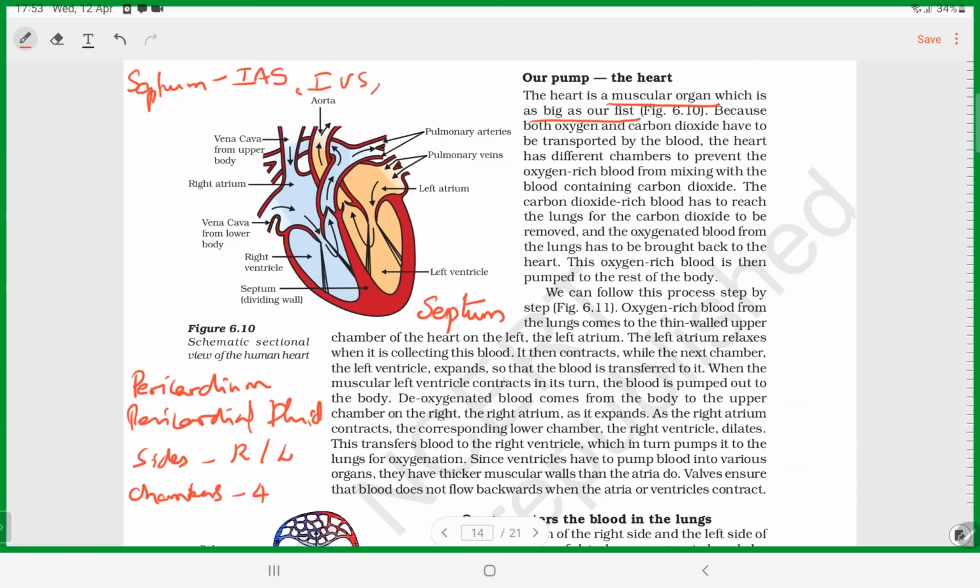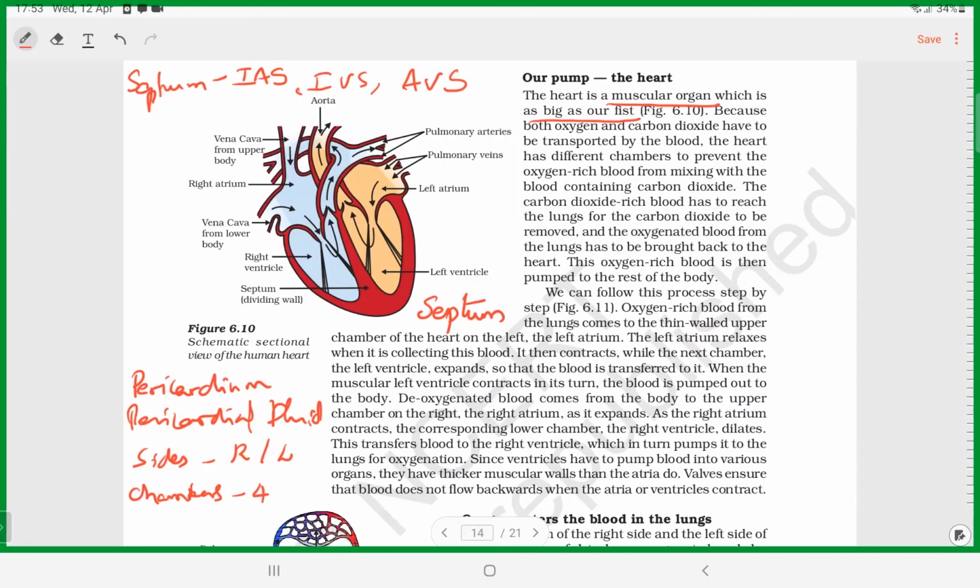And then the atrioventricular septum separates the atrium or auricle from the ventricle. Can you understand? How many types of separating walls are present? Three. Between the atria, the interatrial septum. Between the ventricles, the interventricular septum. Between the atrium and ventricles, we have the atrioventricular septum. Is it clear?